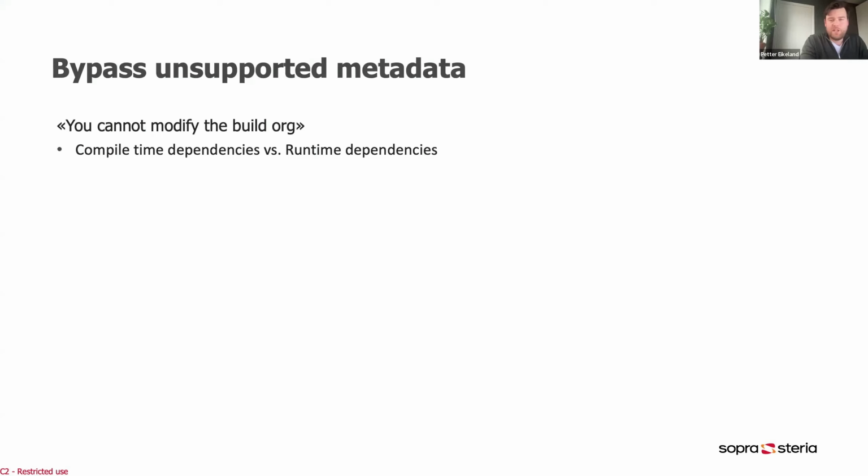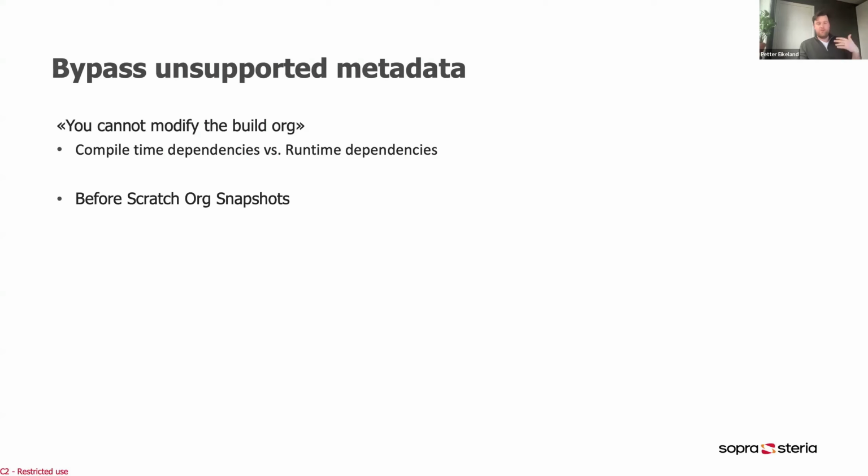So that means that when we say modify the build org, we need to also differentiate between the compile time dependencies, that is the installing of our dependencies and deployment of our source, our metadata that we want to validate, versus the runtime dependencies, which is what's available when you run your Apex tests.